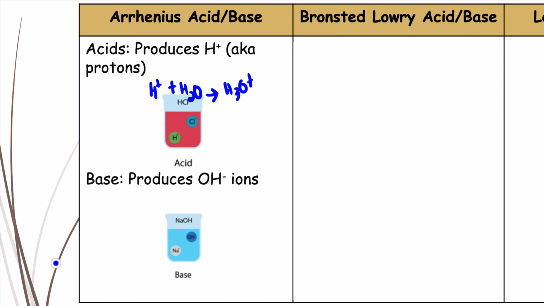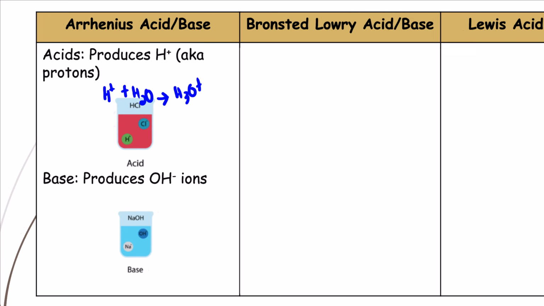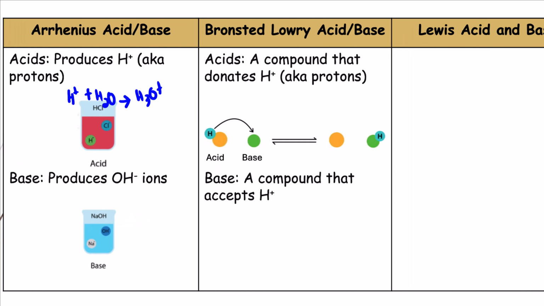Now let's look at the definition for Bronsted acid and base. And this one says an acid is a compound that donates, also known as the protons, donates the H+. So here's your acid and here's your base, and you see the base accepting the H and the acid donating it to here.